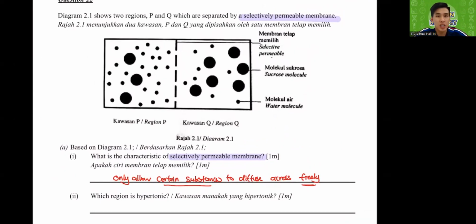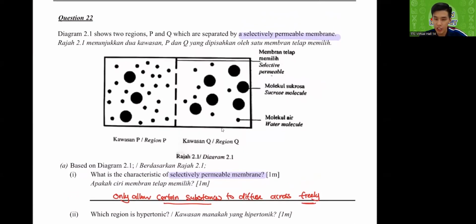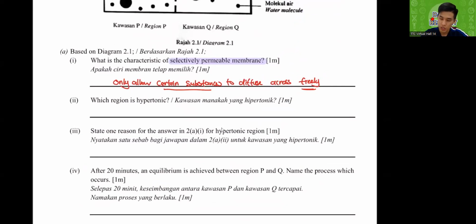Hypertonic is more solute, less water. So it's your Q. More solutes. Sucrose is your sugar, less water, as you can see. So Q is your hyper.